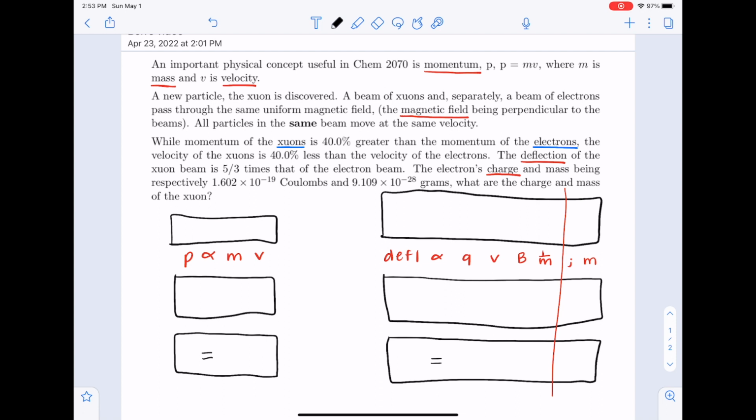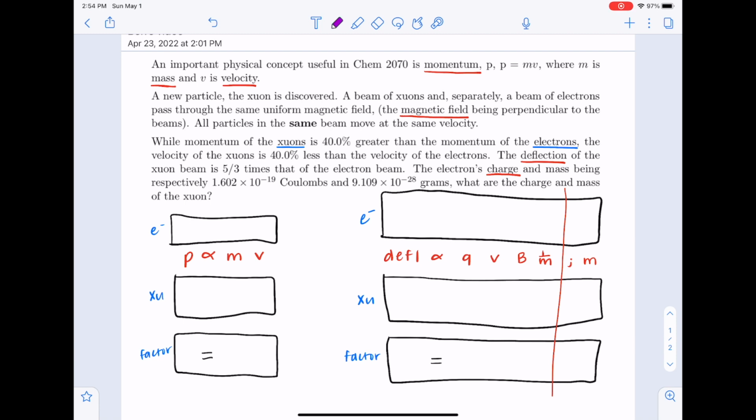So since we want to find out about the gluon, we'll put the electron in the first box, and then the gluon in the second box. And then the last box will always be the factor line. And you'll want to do that for both proportionality tables.